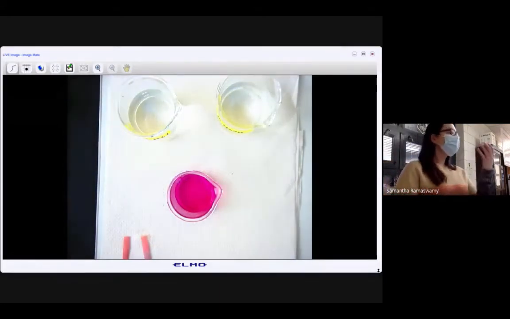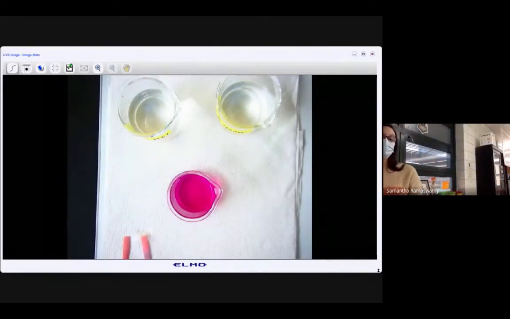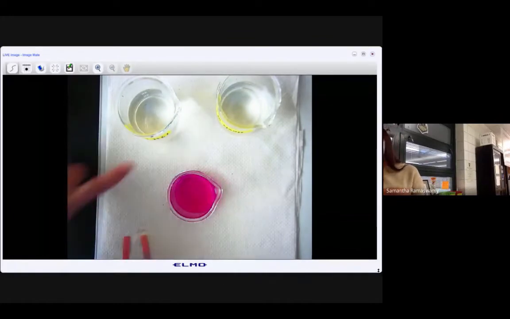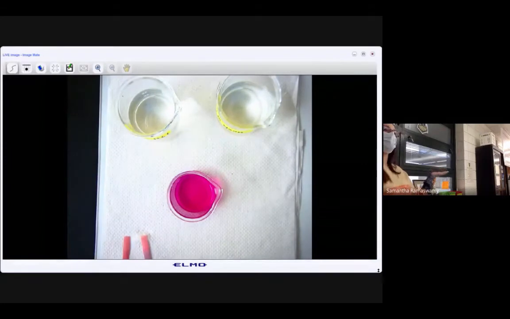Litmus paper is also an indicator. It helps us indicate whether we have an acid or a base. So if we have an unknown substance, actually it was HCl. I wasn't sure if it was HCl or not because it was in a container next to the HCl but wasn't labeled. So I just took a piece of pH paper and litmus paper and tested to see if it was an acid.